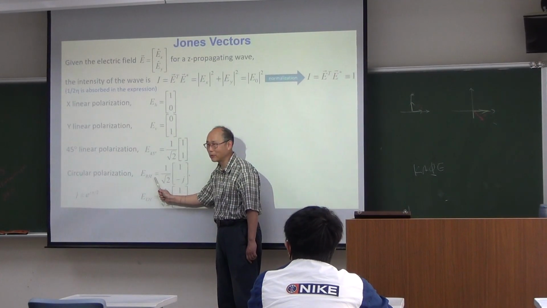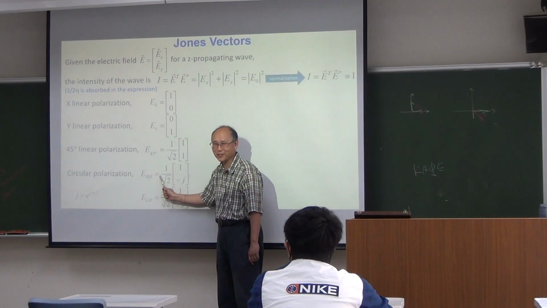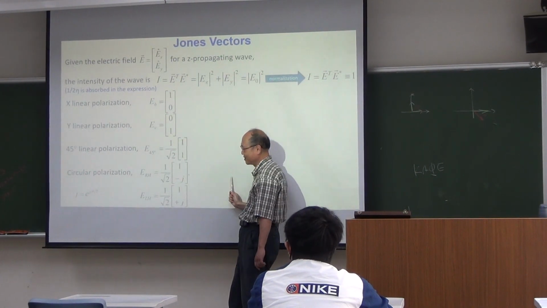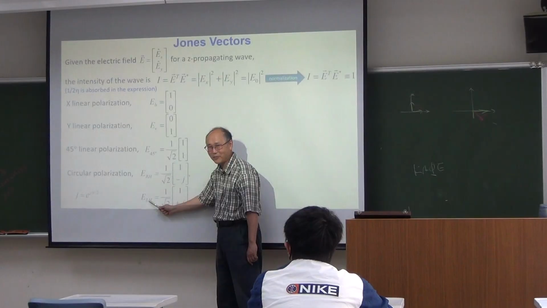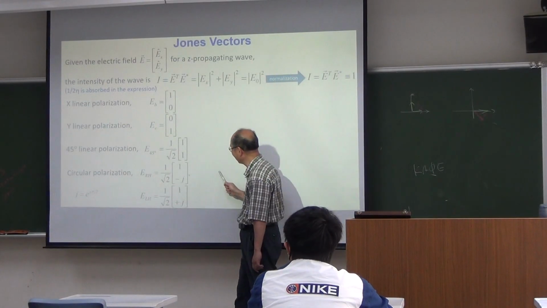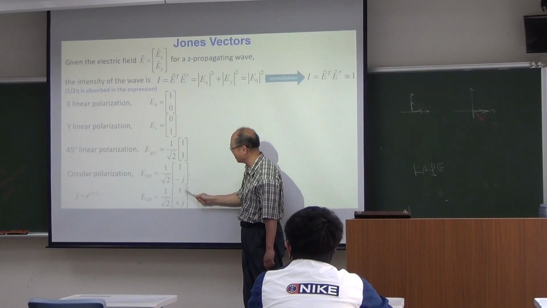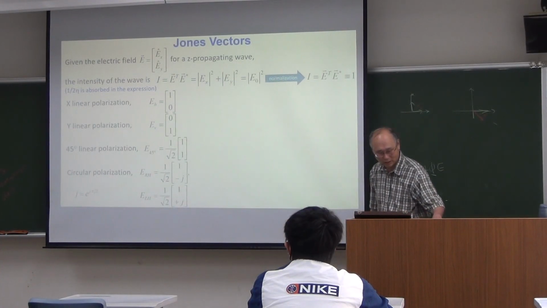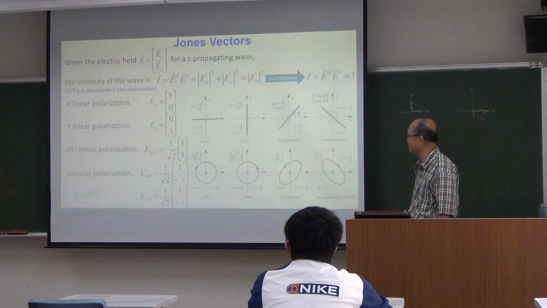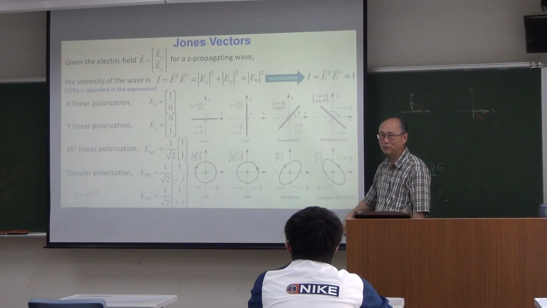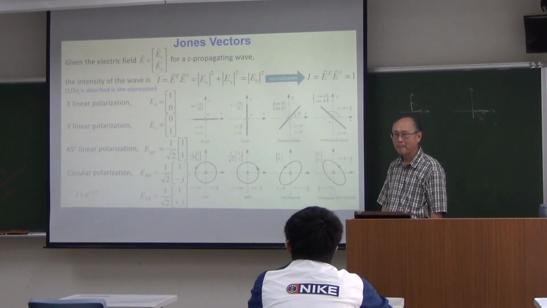Okay, right-handed polarization is left polarization, going like this. And left-handed polarization is the right polarization, going like this. And the corresponding j notation is like this. And this is the table. You can just keep it as a reference. Okay.